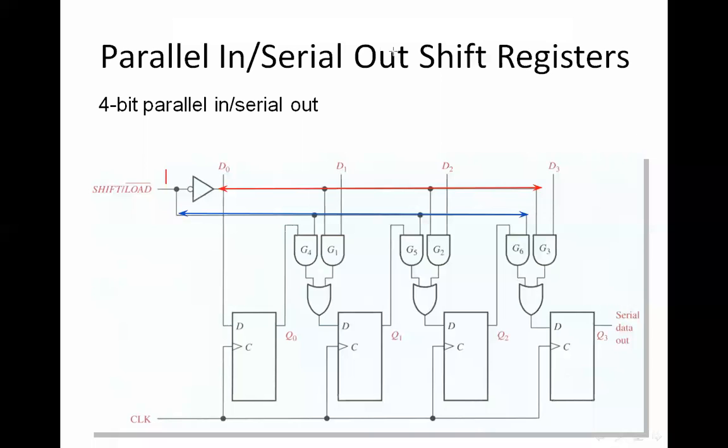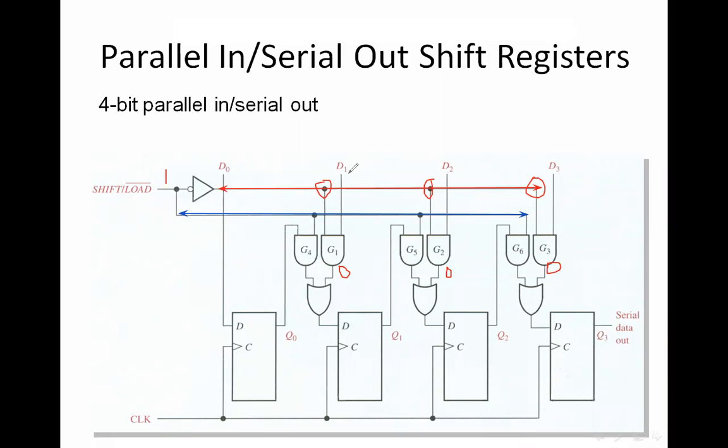Once I get a 0 here, what will happen? Since it's a 0 here, 0 and 0, my output is always a 0. G1, G2, G3 will always give me a 0, no matter what you give here.